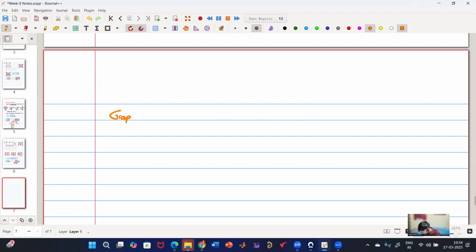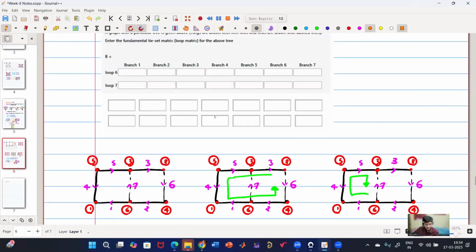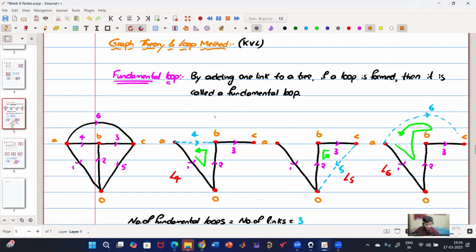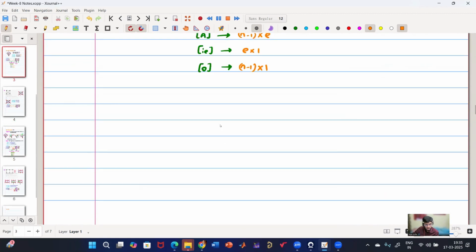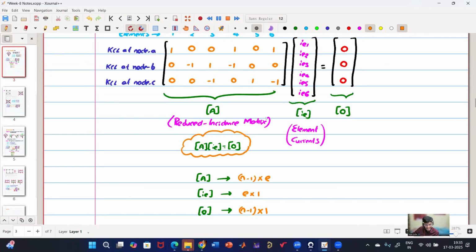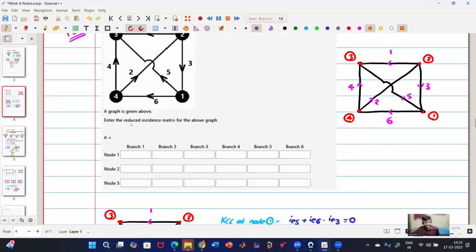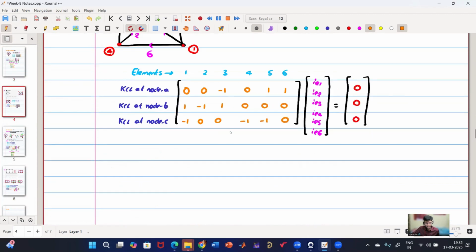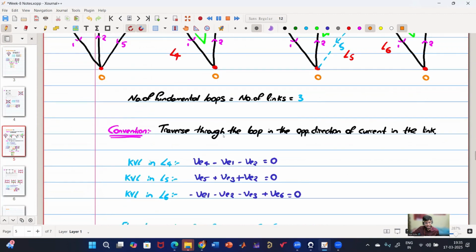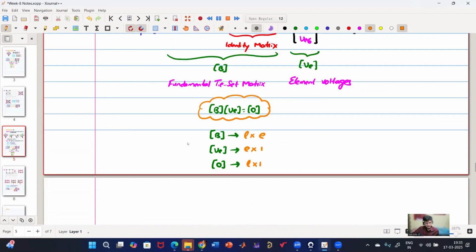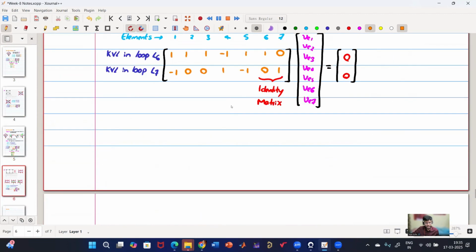The nodal analysis method uses the reduced incidence matrix. So I have given the names: A matrix is the reduced incidence matrix. In the exam, they'll ask like that: reduced incidence matrix is A, and B matrix is the fundamental tie set matrix. Now we are going to the fundamental cut set matrix.